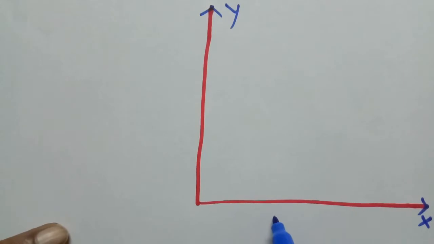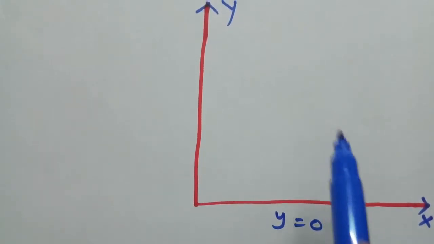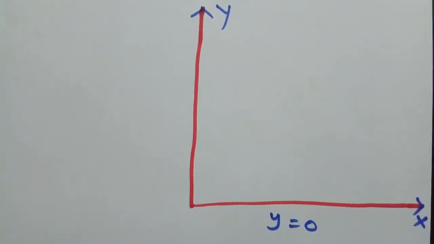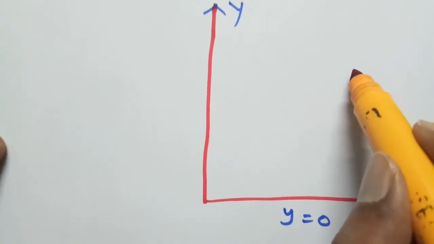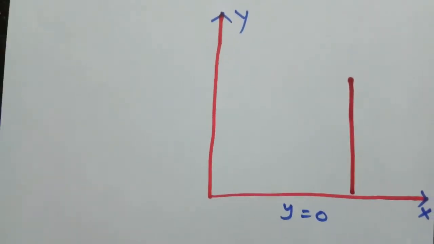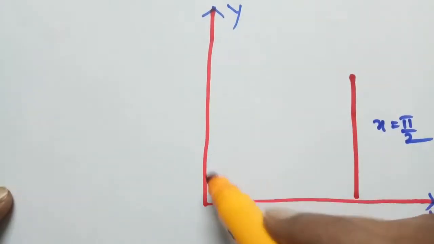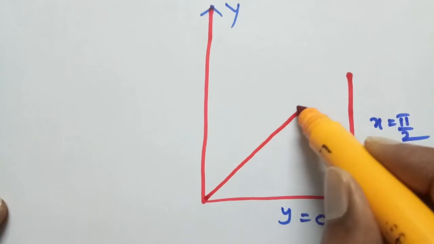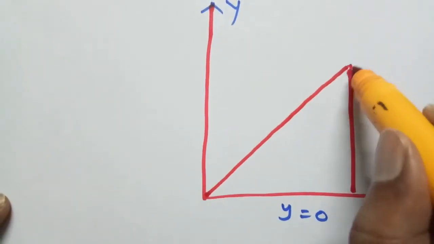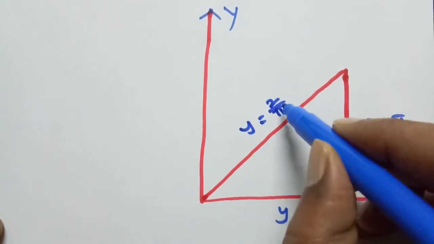Y equal to 0 is the x-axis, x is equal to pi by 2 is the line parallel to y-axis, since x equal to k is the line parallel to y-axis, and y is equal to 2 by pi into x is the straight line passing through the origin.